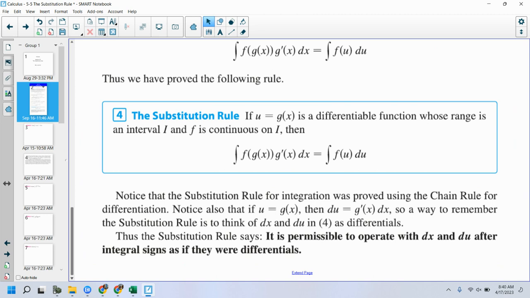It's always continuous, and the range is within the interval. And it's got this chain rule-ish look to it.